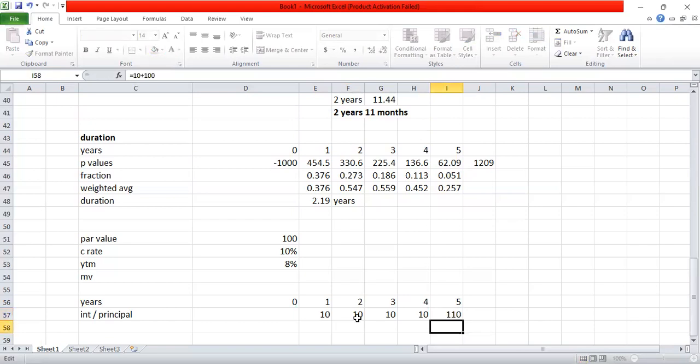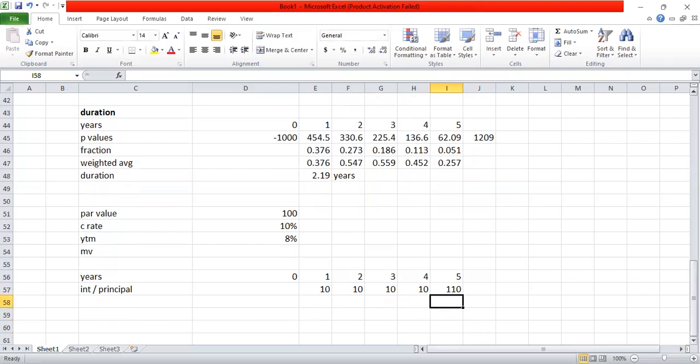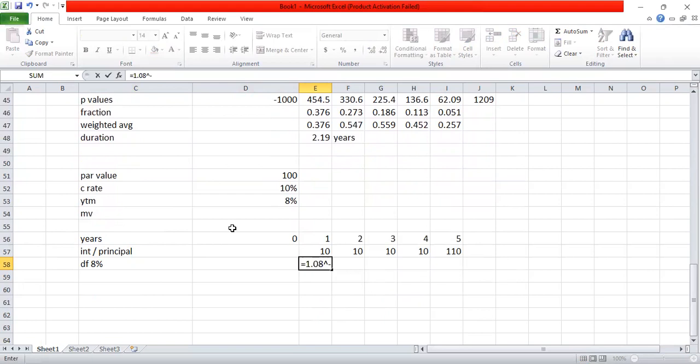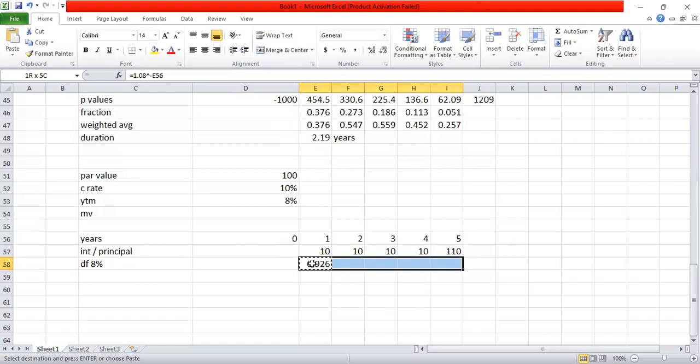That is 100. Now apply this YTM as discount factor, 8%. Now it will be 1.08 raised to power minus 1. Apply this figure into the next cells.